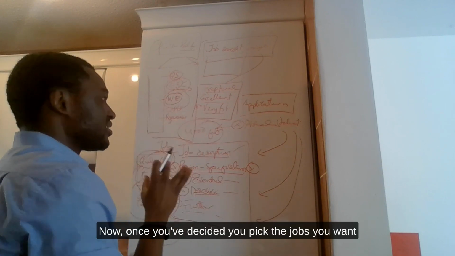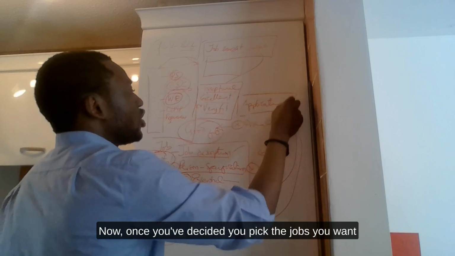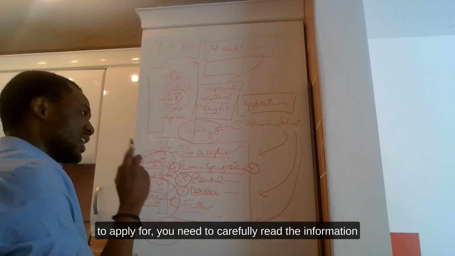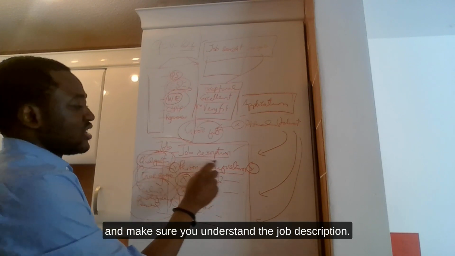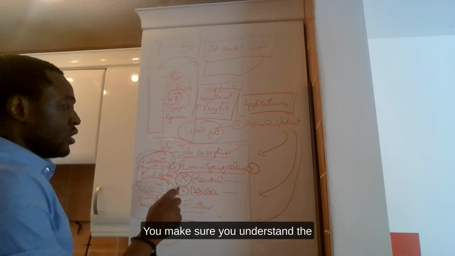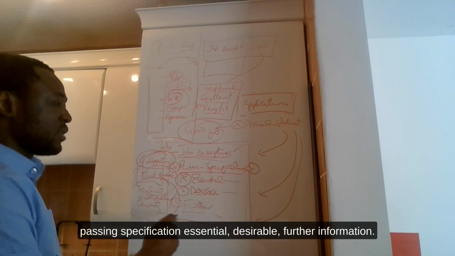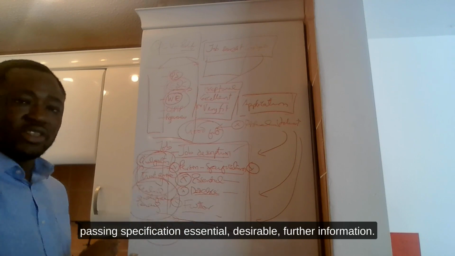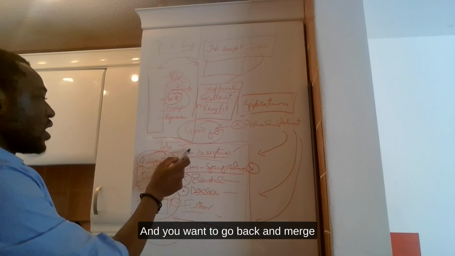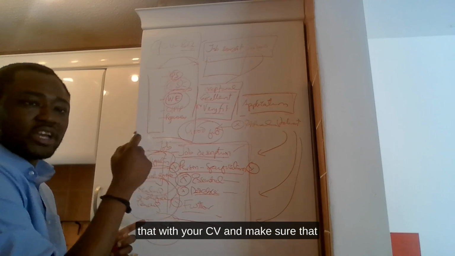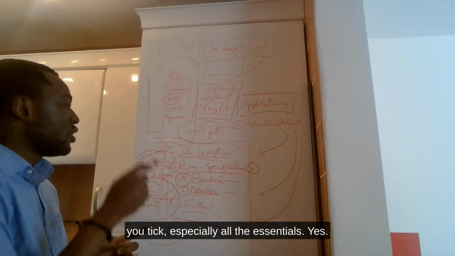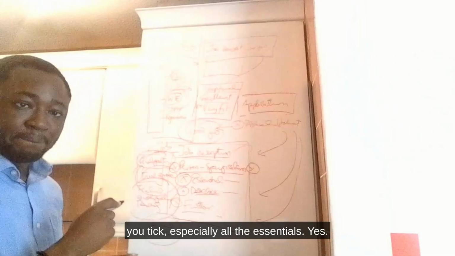And once you've decided this, you pick the jobs you want to apply for, you need to carefully read the information and make sure you understand the job description. You make sure you understand the person specification, essential, desirable, further information. And you want to go back and merge that with your CV and make sure that you tick especially all the essentials.